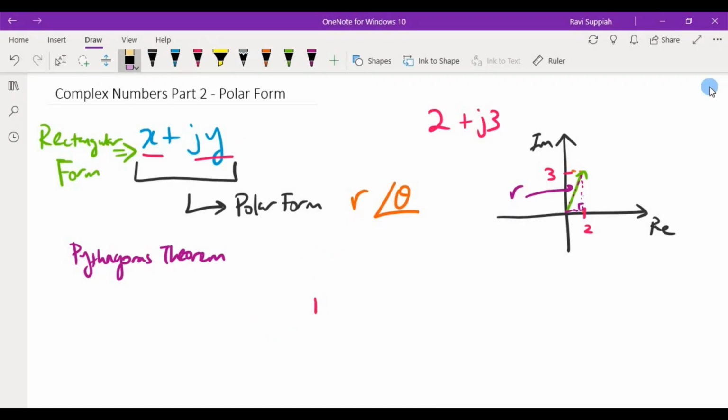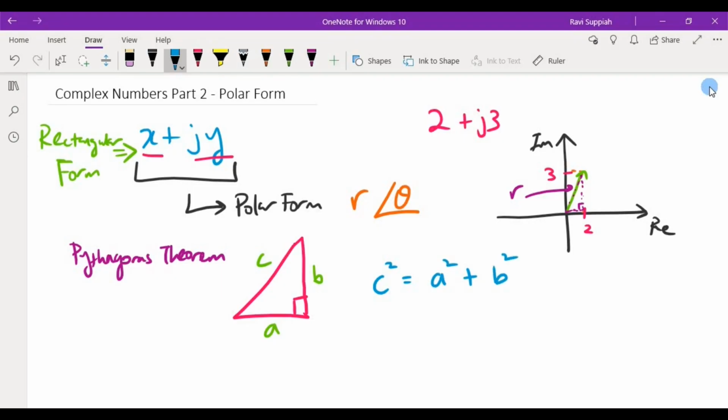let me draw this a bit properly here. Given a right angle triangle, if I label these sides as A, B and C, the Pythagoras theorem says that the square of the hypotenuse is equal to the sum of the squares of the other two sides.